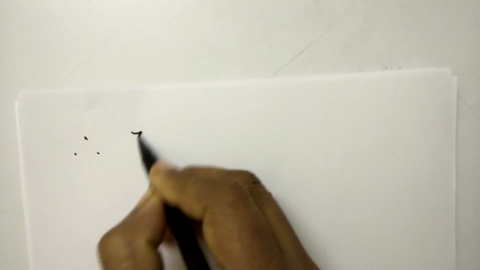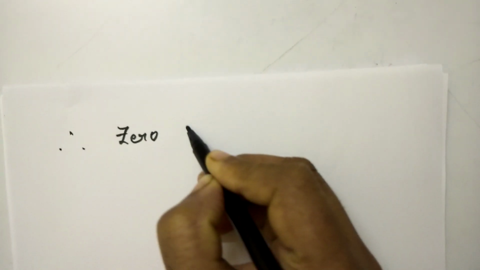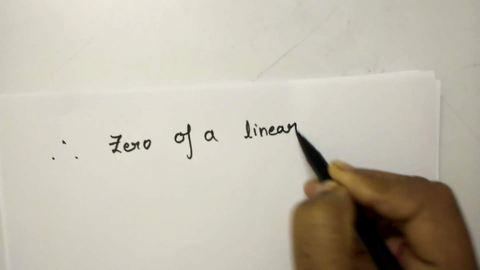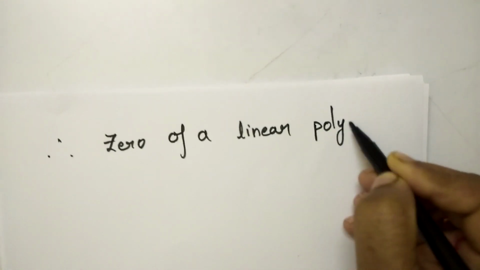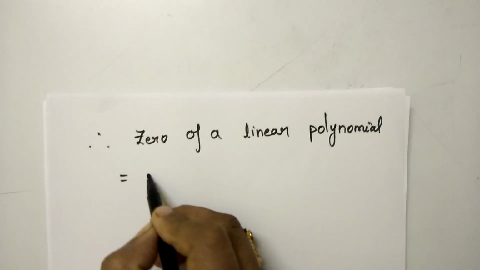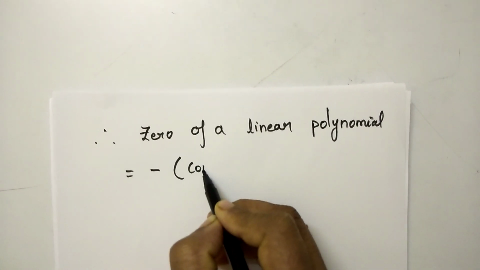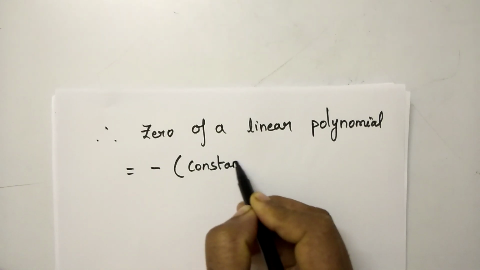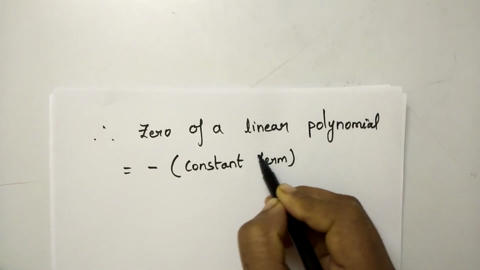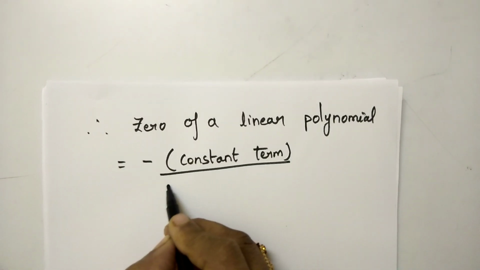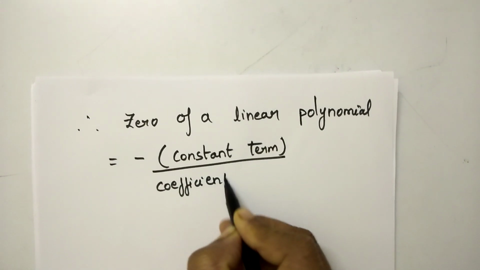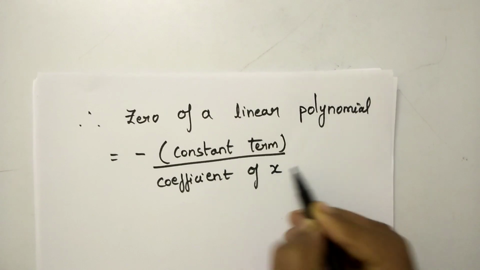Therefore, the zero of a linear polynomial is equal to minus of the constant term by the coefficient of x.